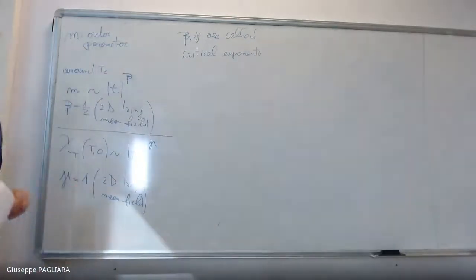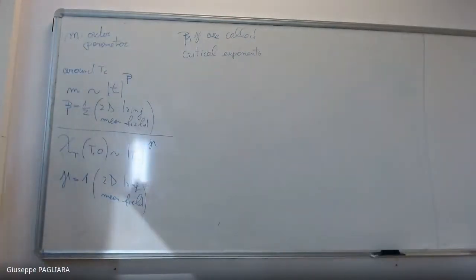And basically, they are the core of the physics of phase transitions, because many different systems can have the same critical exponents, although the interactions are different, the material is different, etc. Okay, they fall in classes of universality, they are called. Now, of course, these critical exponents are describing the behavior of my system close to the critical temperature. Okay.